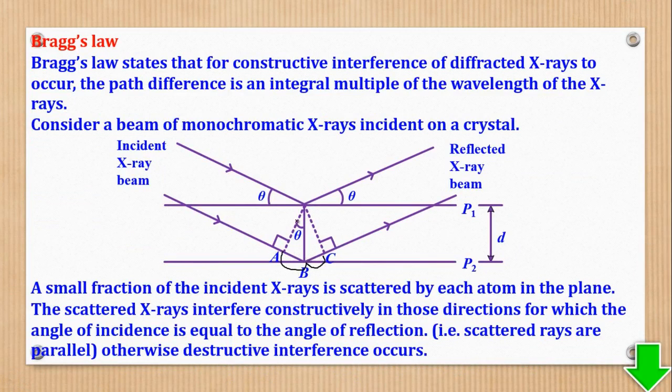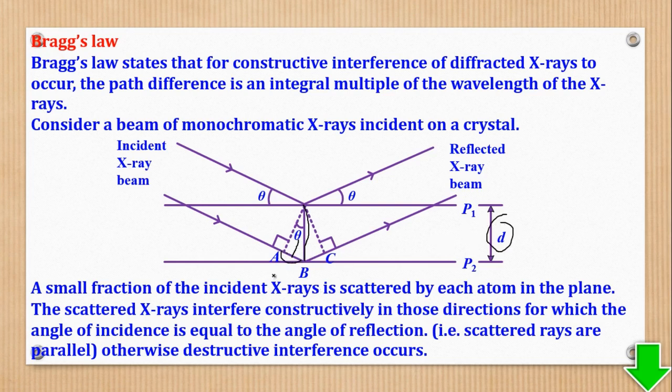So how do we get AB? Remember, this is a right angle triangle, and this is also a right angle triangle. For the first one, basing on this angle, AB will be the opposite, and from here to here will be the hypotenuse. Therefore, opposite over hypotenuse is sine, remember SOHCAHTOA. So sin θ is equal to AB divided by d.